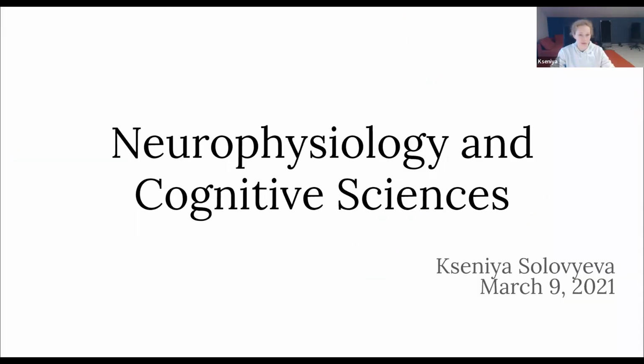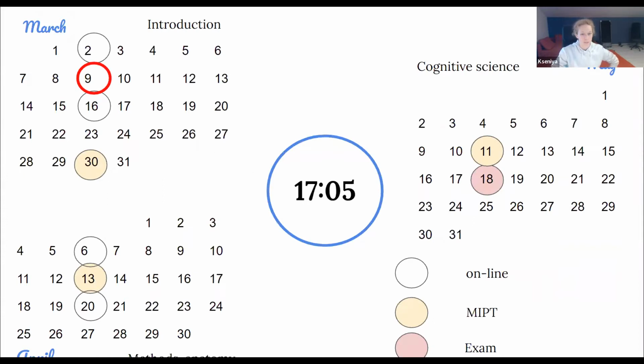Today is our second lecture of the course Neurophysiology and Cognitive Science. As you remember, this is our schedule, so we will have the lecture next week, and we are going to have a lecture or maybe some practical lesson at the end of March.